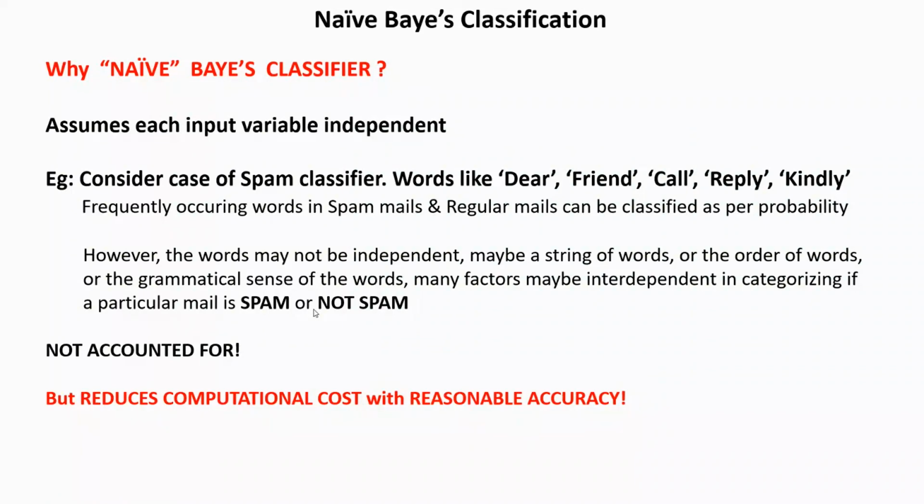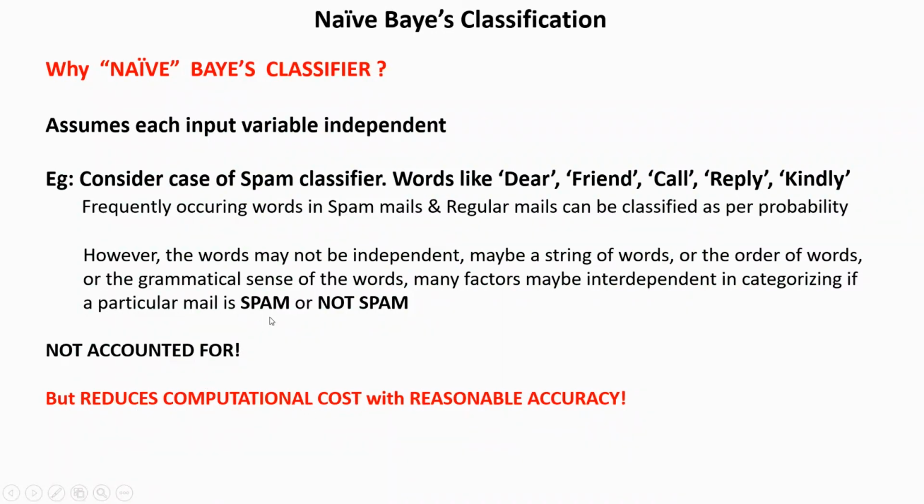If you take into consideration these factors, like the string of words, the interdependence, the order or sequence of the words, or maybe the grammatical sense that it is conveying, it is going to add to the complexity of your model, right? Those complexities would add to your computational cost also.